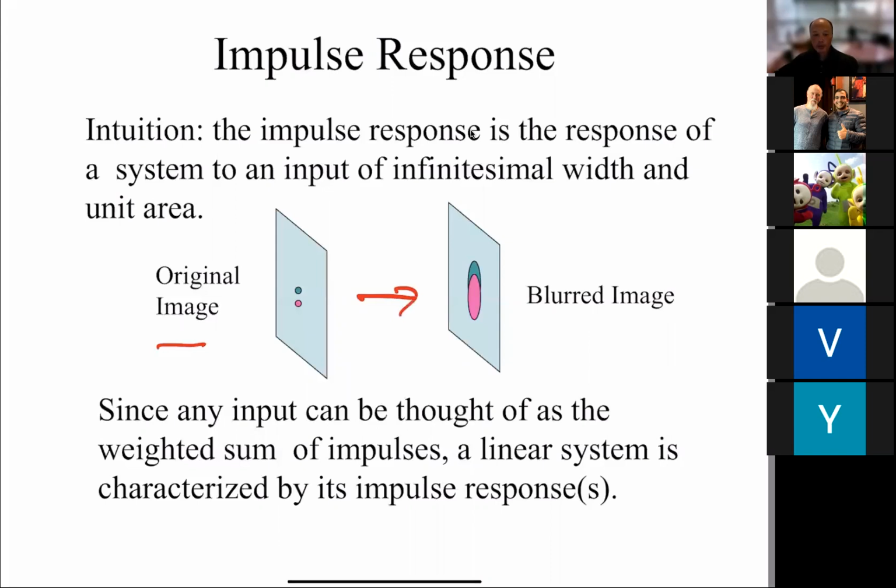Those blurred images would be considered the impulse response. We consider those little dots on the left as our impulses, and these blurred images as our impulse response. The really useful thing is that if it's a linear system, then any input can be thought of as a weighted sum of these little impulses, and so the system response is just characterized by the sum of the impulse responses.